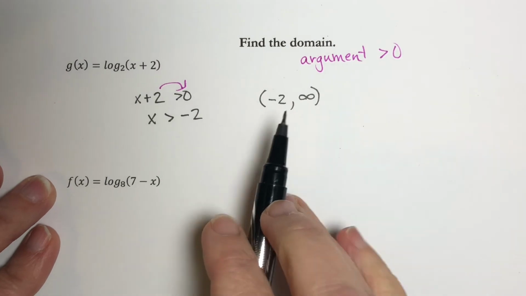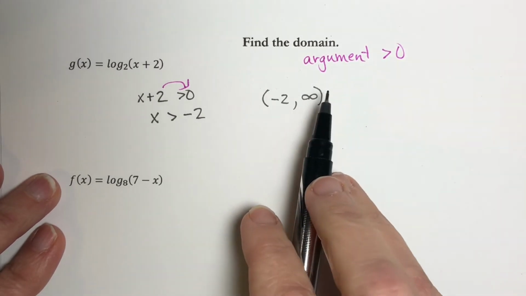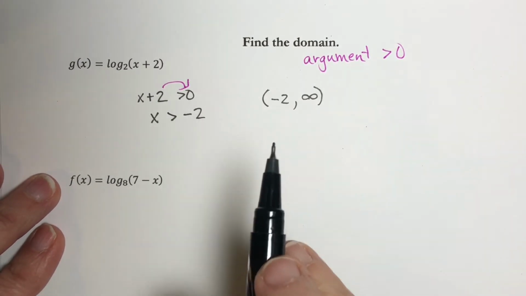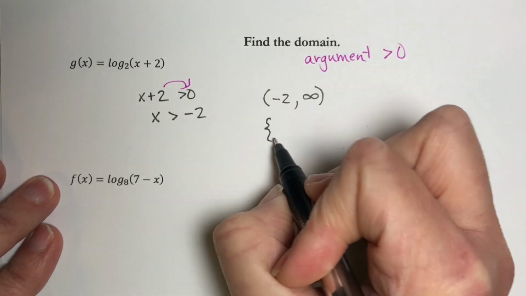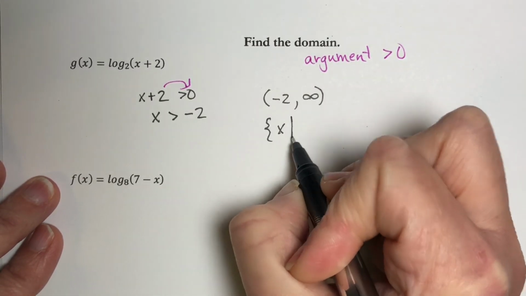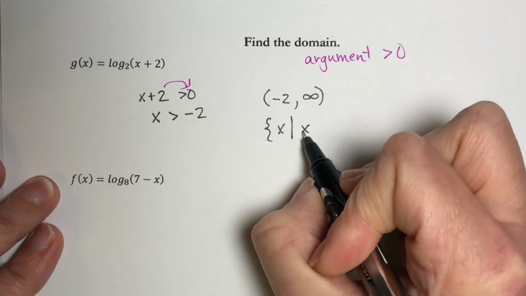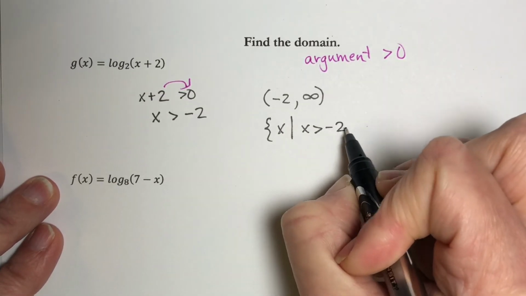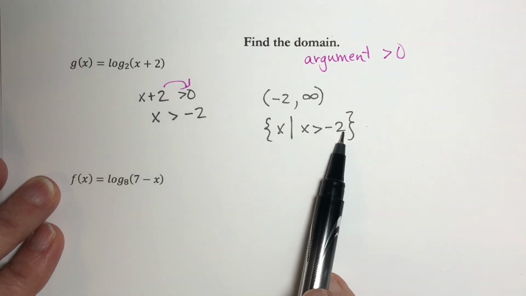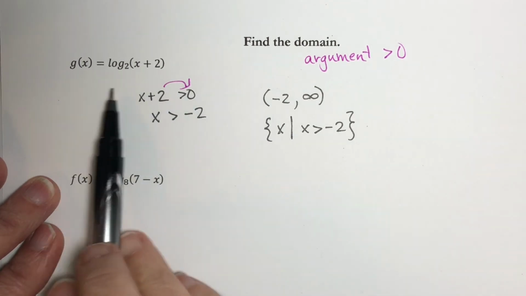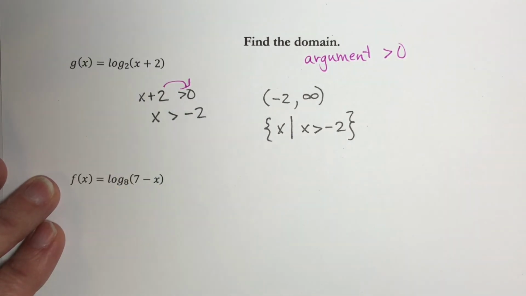Now, if they ask for it in set builder notation, you would write the set of all x such that x is greater than -2. All this is saying is that as long as our x value is greater than -2, we're not going to have a problem calculating this. It's going to exist.